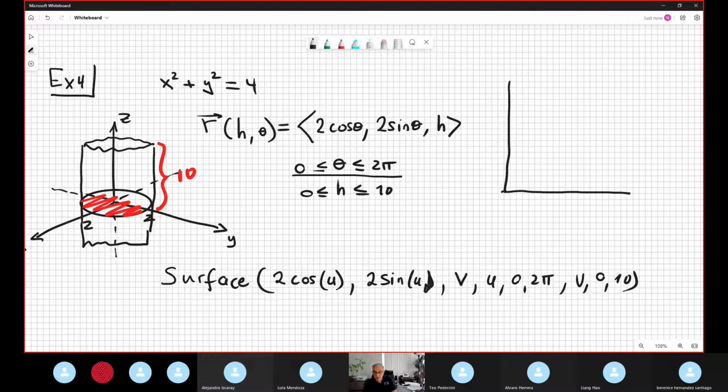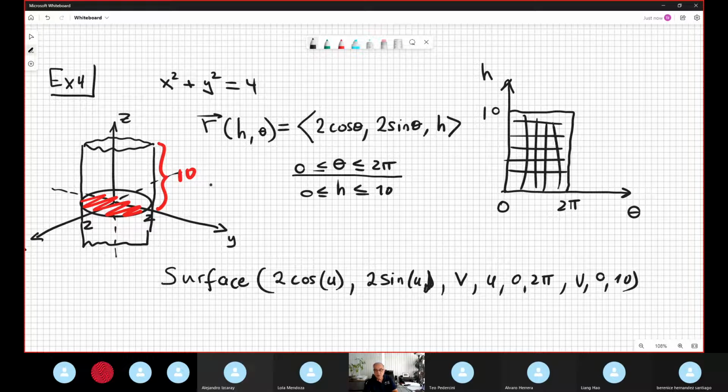You are doing here a domain, where theta and h are the new variables in the vector value function. And you can see how the domain is a rectangular region. This is 0 to pi, and this is 0 to 10. Okay, and here I put different lines to indicate the variation. This is the domain in the new plane, the h theta plane.